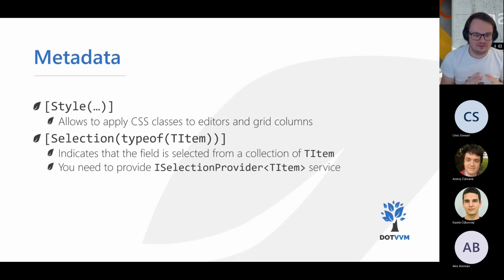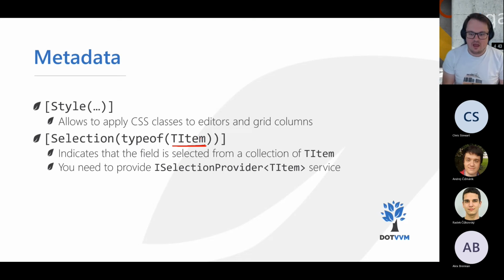So the attribute is selection, and here you specify the type of the selection. And this is important. I usually make a convention that this will be named like country selection or customer selection, product selection. Basically this type is just a record with 2 fields like ID and the text, nothing special.